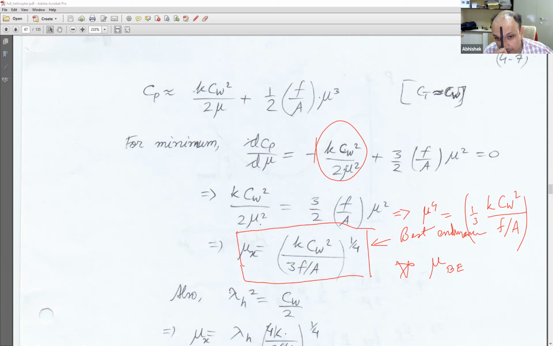But this is not hover. Right, there is forward flight we are talking about. What is the value of thrust in forward flight? That's my helicopter in forward flight.